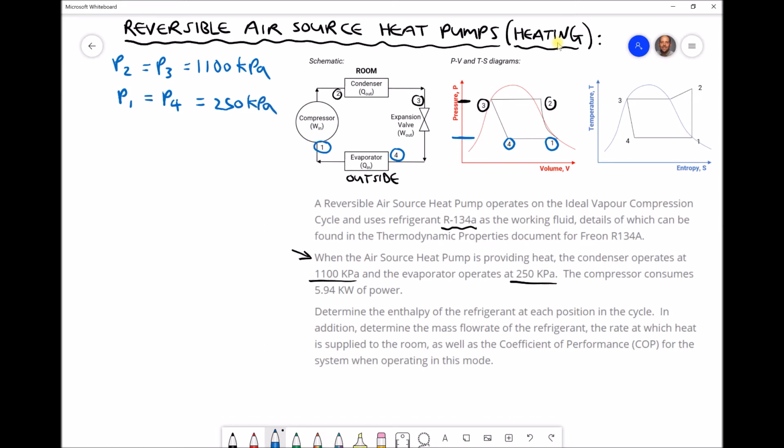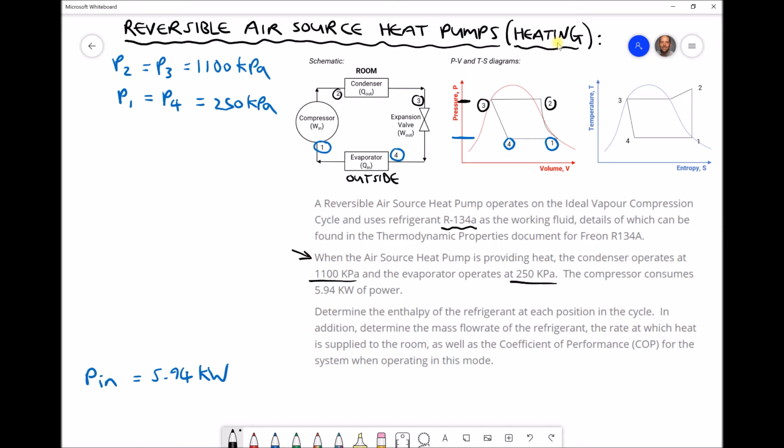Next, it tells us that the compressor consumes 5.94 kilowatts of power. I'm going to make a note further down the page for this: P in, which is the power in by the compressor, equals 5.94 kilowatts.